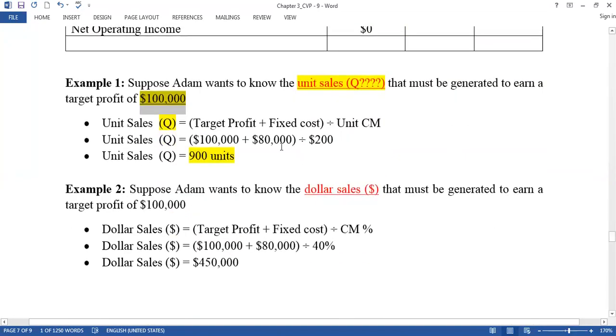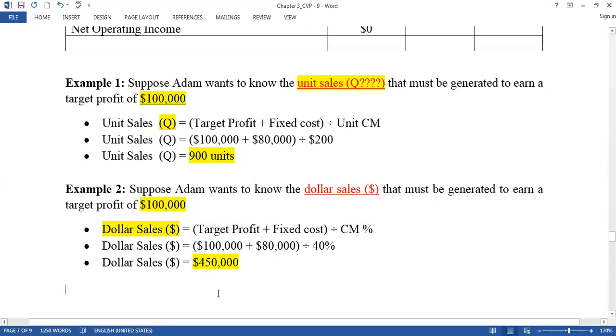Now the second question said that we want to know the sales dollar amount, dollar sales, not the unit. We don't want to know the unit. We want to know how many dollars we have to sell. The formula is the same formula, just divided by CM ratio. And if you sell $450,000, then you can achieve or earn the $100,000 target profit.